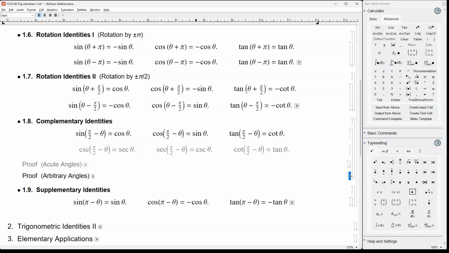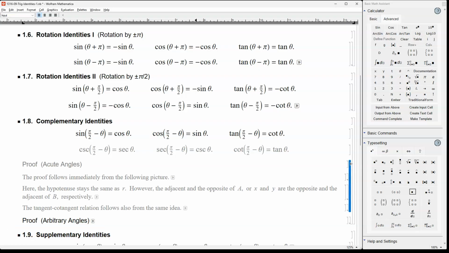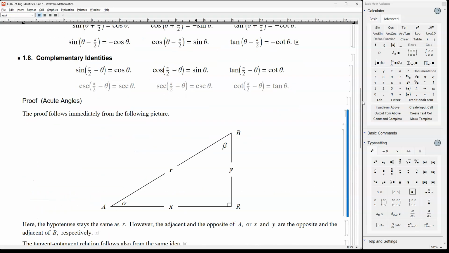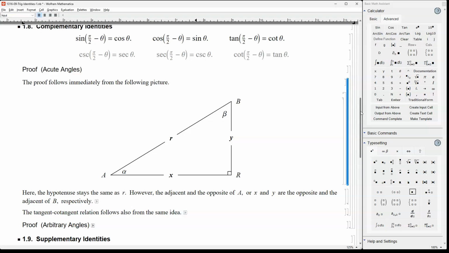By the way, for acute angles, we already went through these. We can work out a triangle like this. If alpha is the angle you have, beta is 90 degrees minus alpha, or pi over 2 minus alpha, the complementary angle, and opposite of alpha is adjacent of beta.